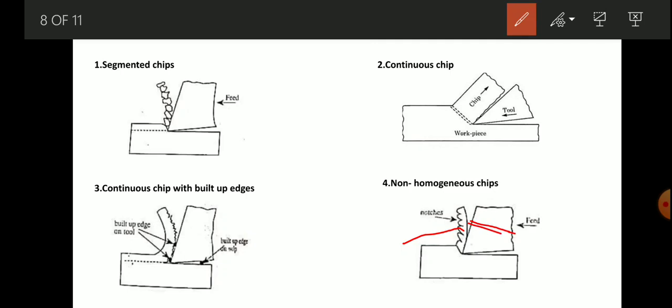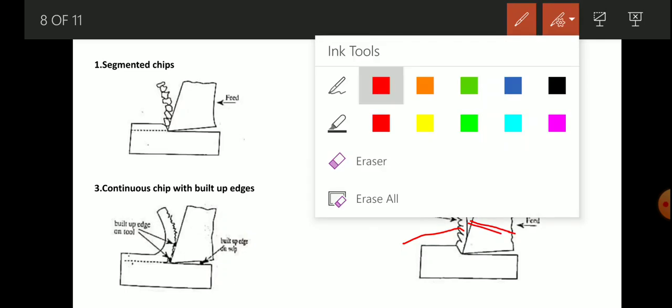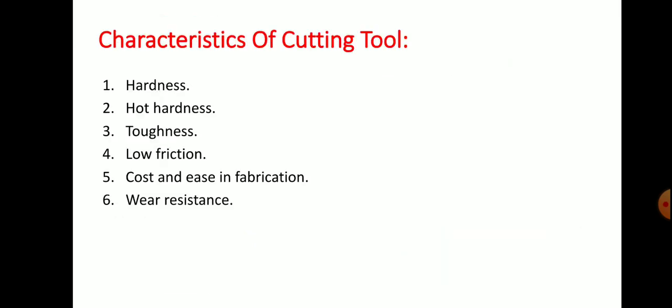Okay, so let us move on to the next topic, that is characteristics of cutting tool. These are the main characteristics of cutting tool: hardness, hot hardness, toughness, low friction, cost and ease in fabrication, and wear resistance.